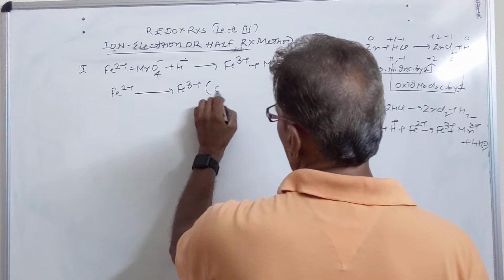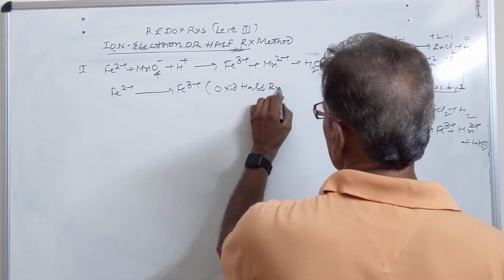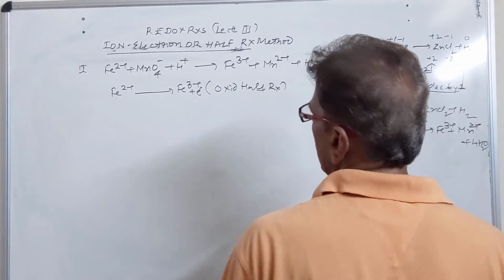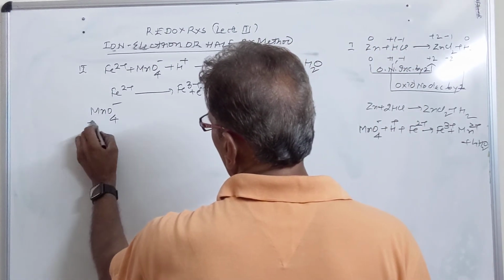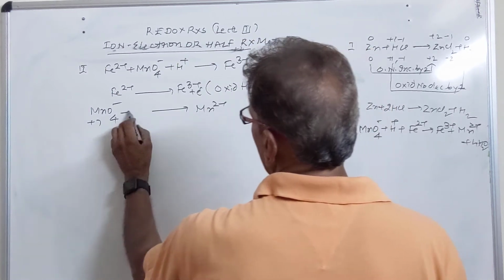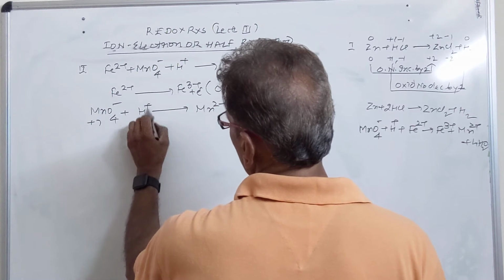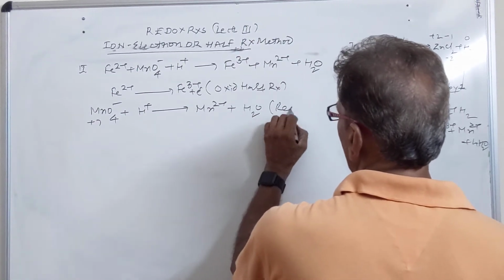This reaction is called the oxidation half reaction. It is losing 1 electron. Second reaction will be MnO4 negative, plus 7 state to plus 2 state in the presence of protons. We get water here. This is the reduction half reaction.